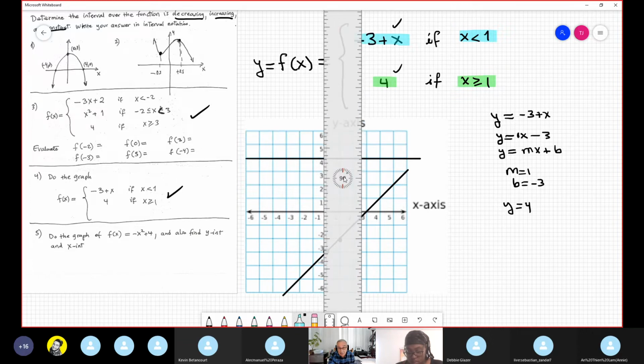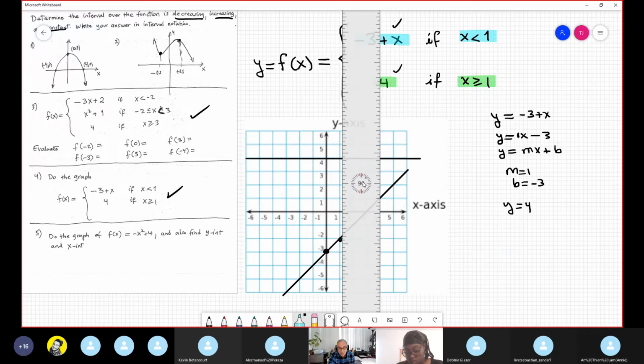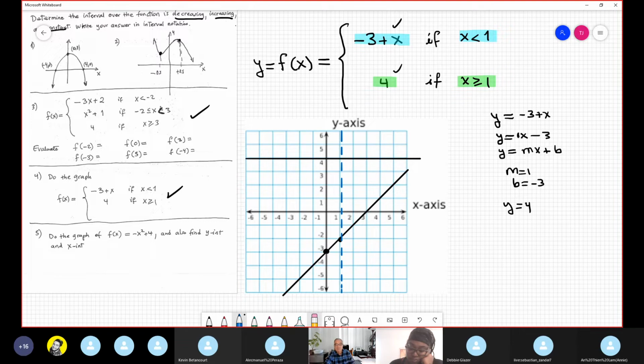I prefer to mark the transition point using blue color, and a dotted line. I know that something happened before 1 and something different happened after the 1. Before travel for the line and after travel for the constant. So now, for example, my graph looks like that.